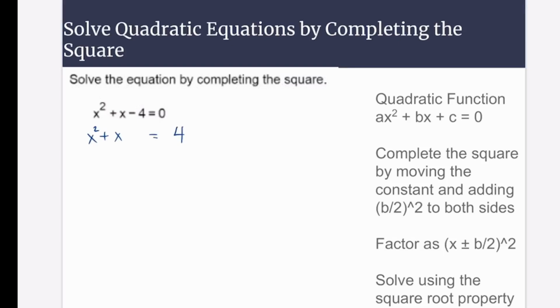Our goal is to figure out what I need to add on the left. To keep them equal, I also have to add it to the right. The purpose of this is to get x plus something squared, so that we can do the square root of whatever this is, and it's going to equal plus minus whatever the right side is.